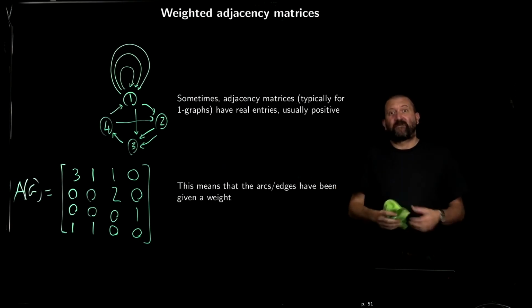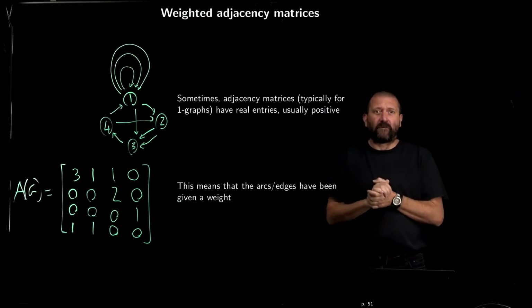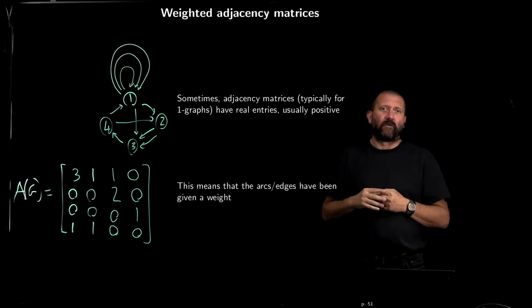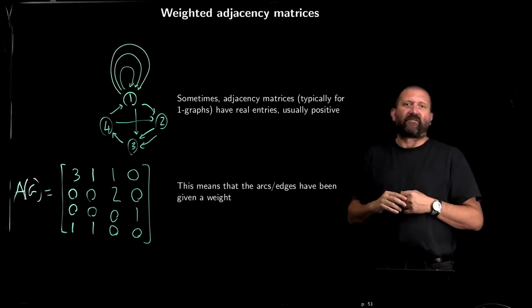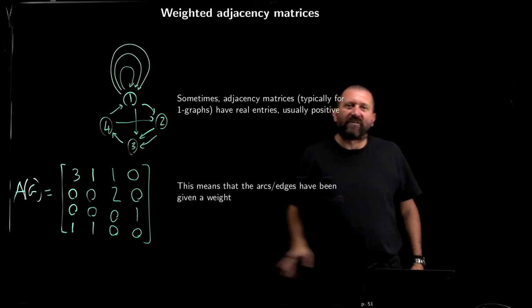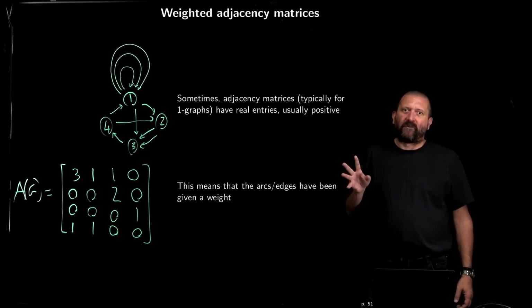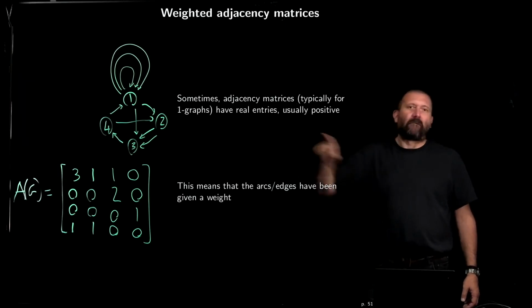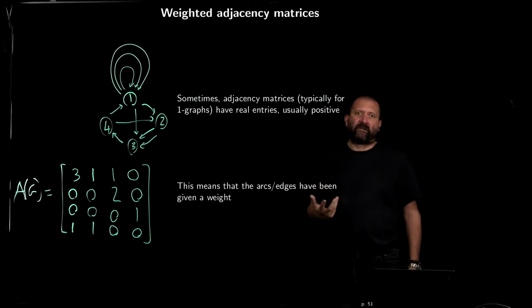Another thing that you will see from time to time, and we might use it later because that's quite useful in some applications, would be weighted adjacency matrices. So sometimes you'd get numbers in your adjacency matrix, but those numbers would not come from counting the number of arrows, but because for some reason you decided to put a weight on the edges or the arcs.